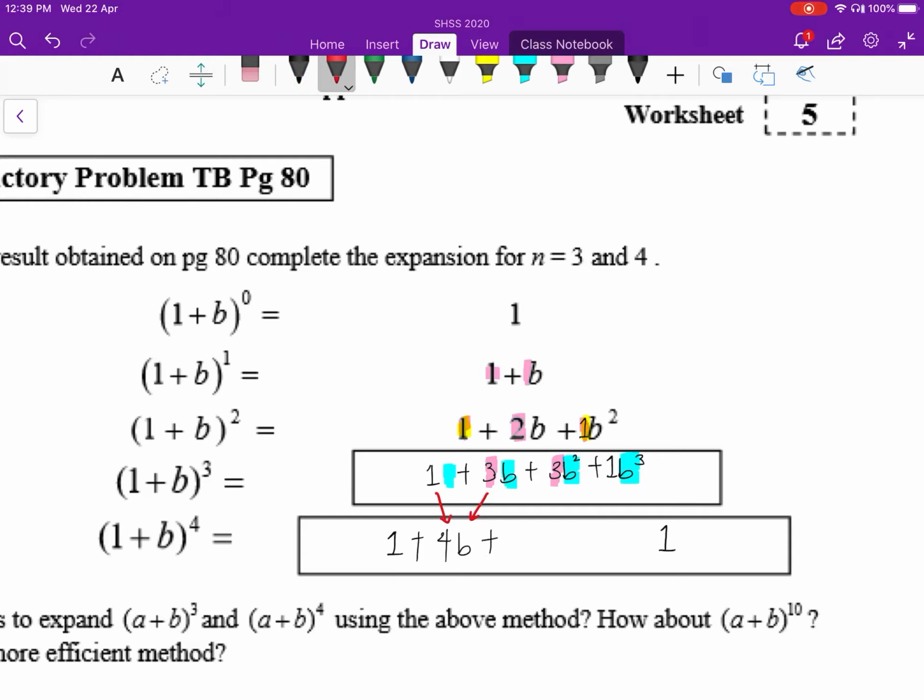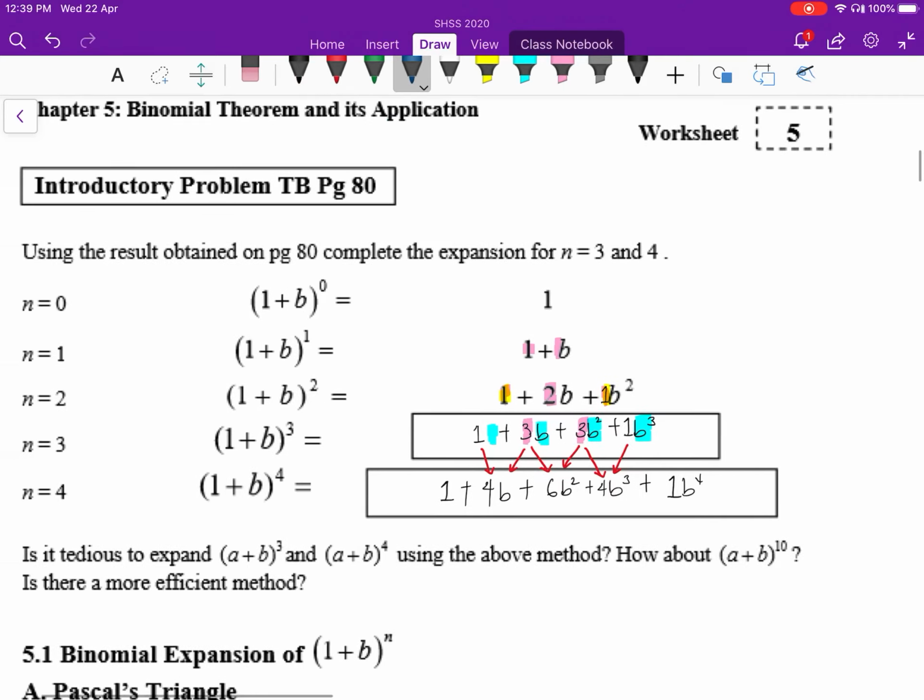Plus 3 plus 3 is 6, and the next one is b squared. Next one, 3 plus 1 is 4, so plus 4b cubed, and it ends off with b to the power of 4. See? So this is how we expand using the pattern.